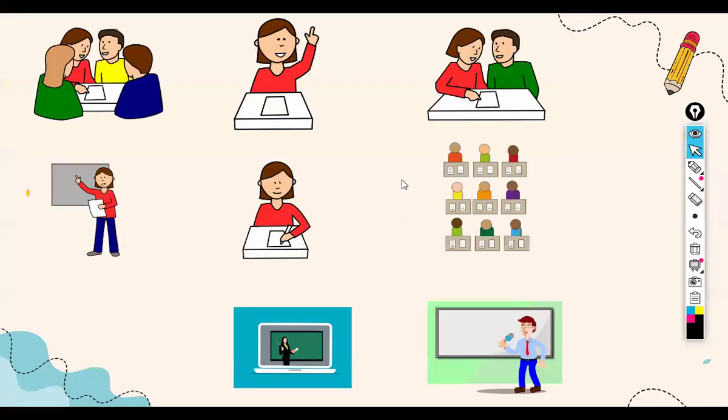All right, let's look at some practice. Okay, so for this picture, let's use cantar, and we're going to tell our friend don't sing. For this one, what should we use?